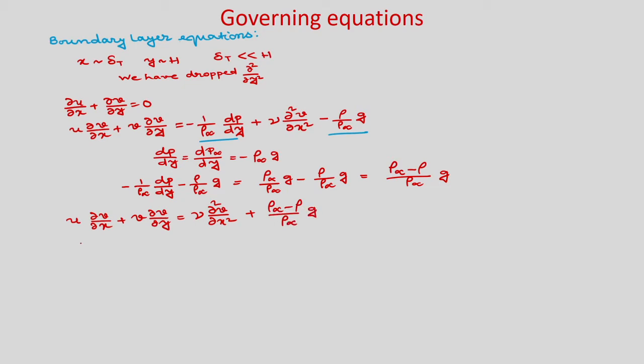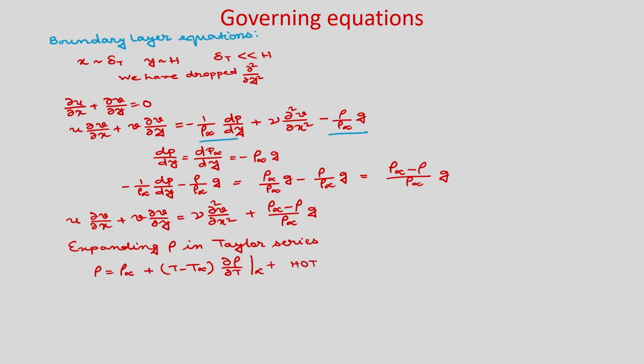And now you can expand the rho in Taylor series. So, what you can write? Rho is equal to rho infinity plus t minus t infinity into del rho by del t plus higher order terms. Neglect these higher order terms, and you can also have the volumetric expansion coefficient.